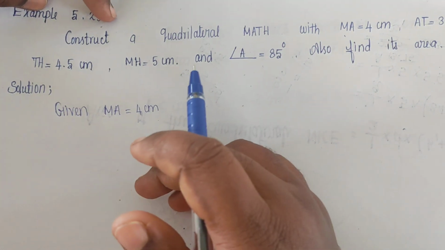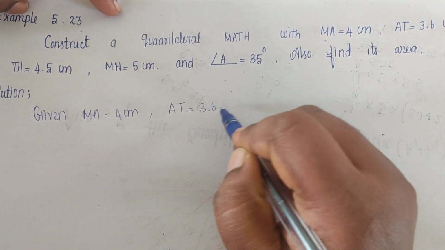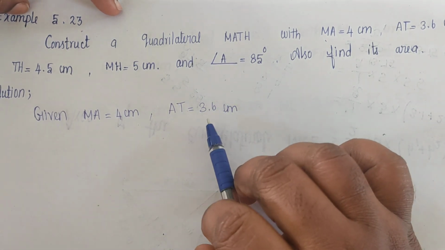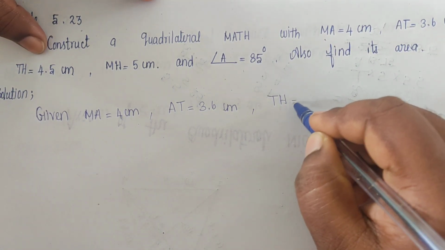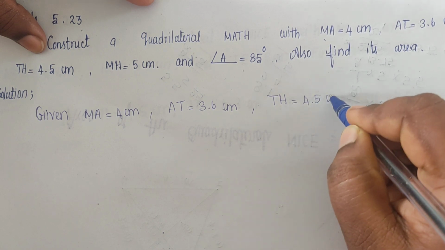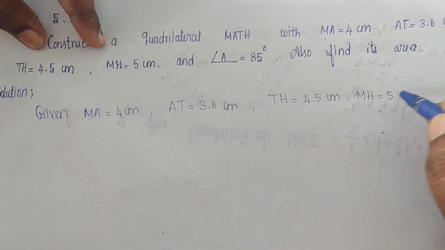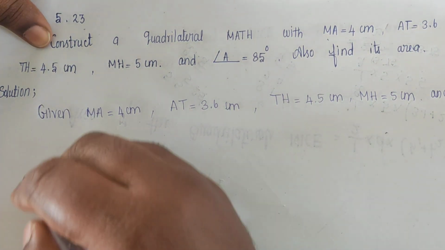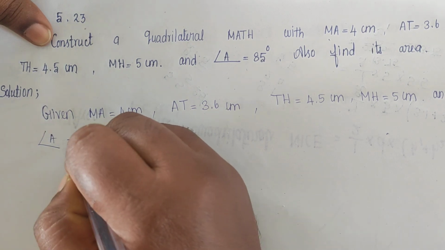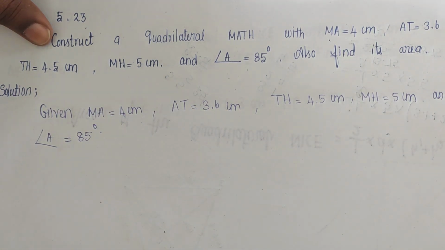AT equal to 3.6 cm, TH equal to 4.5 cm, MH equal to 5 cm, and angle A equal to 85 degrees.